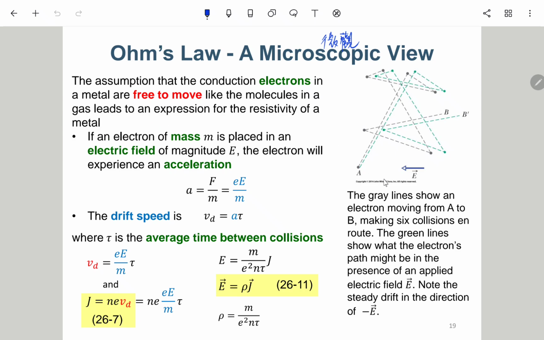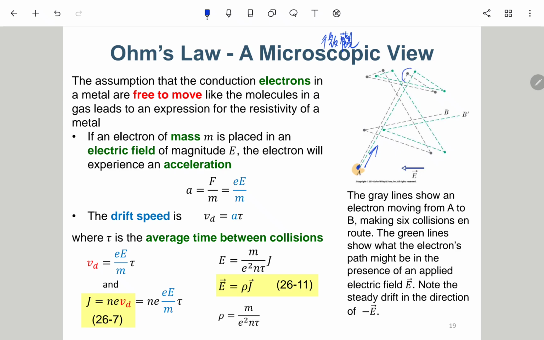So here we try to assume there are some particles, I mean the free electrons. For the free electron, it tries to move, and for simplicity we assume it starts from rest and then accelerates.